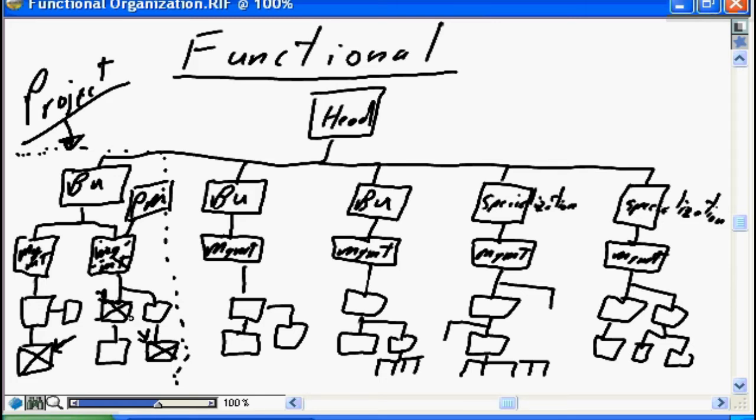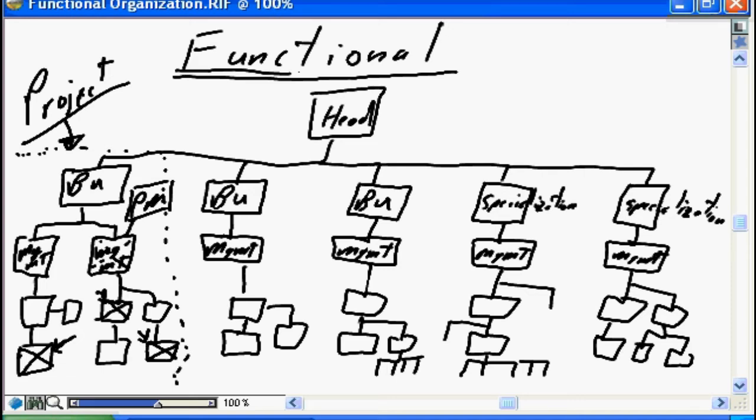Now, depending on how the functional organization is structured, these team members may, in addition to their normal duties as assigned, have additional project-based responsibilities, or they may be relieved of their routine, day-to-day functional responsibilities and become focused on the project environment.